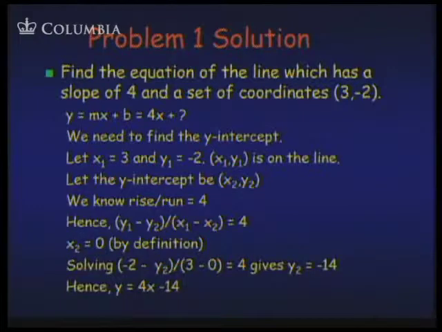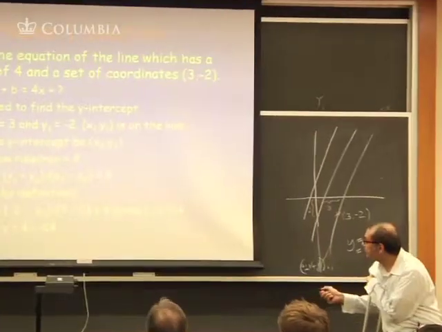We know that m is 4. We're looking for b. We let this point, 3, minus 2, be x1, y1, which is on the line.